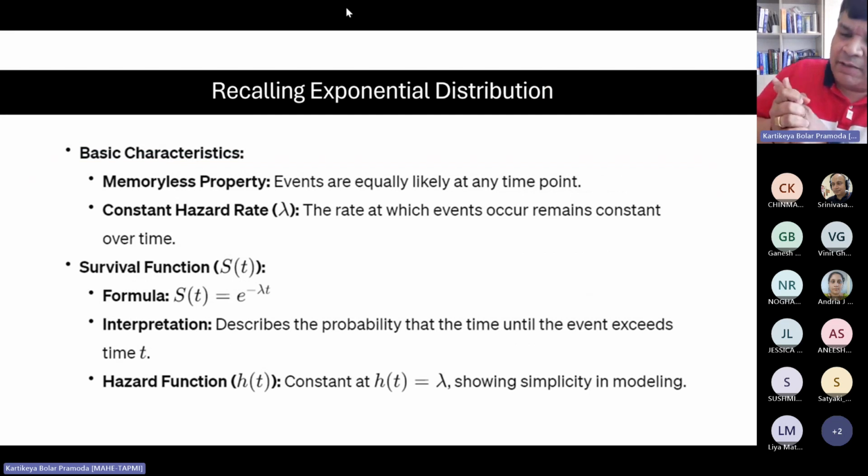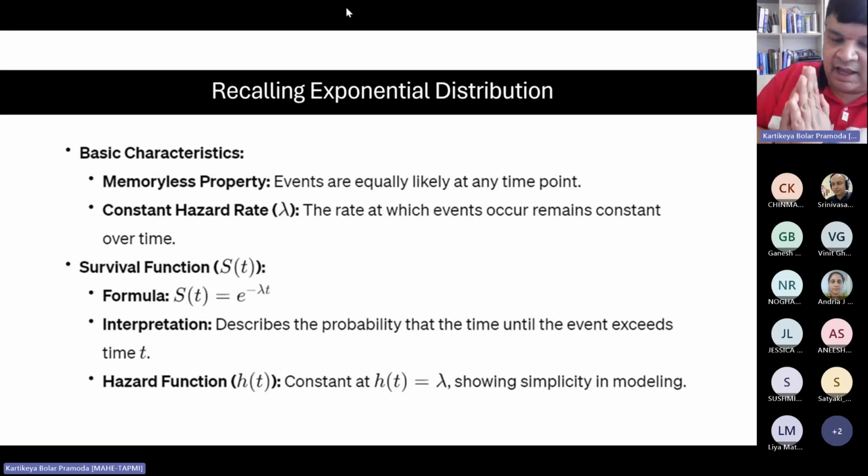Now, when we talk about exponential distribution, we are talking about a survival function, where we say that somebody would be living for at least this much time. That's where we state our survival function as S of t, where t is the time.